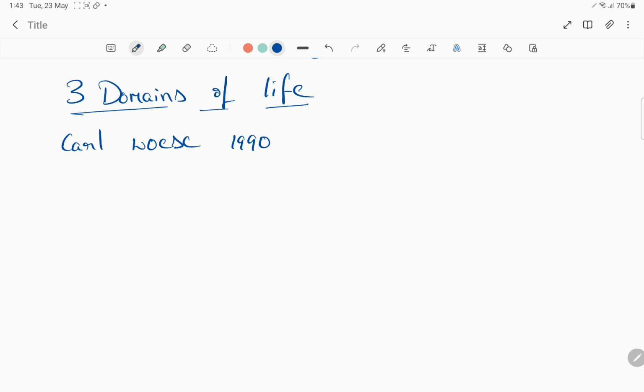He has given three domains of classification. We also call this the six kingdom classification, because it divides the life forms into three major domains.